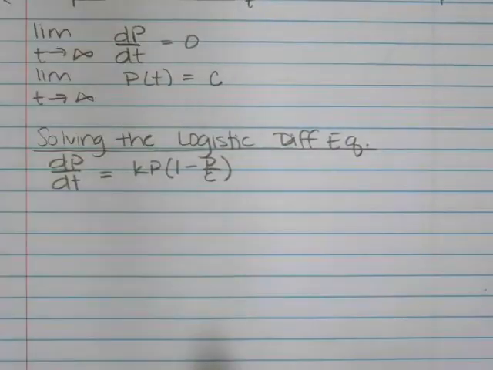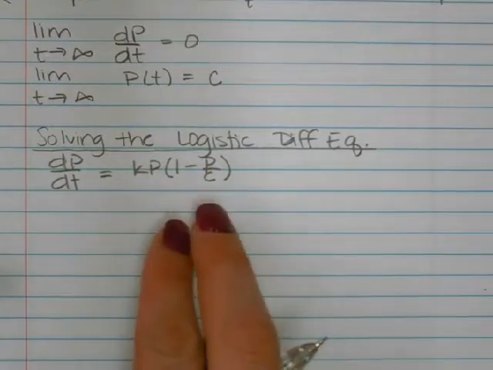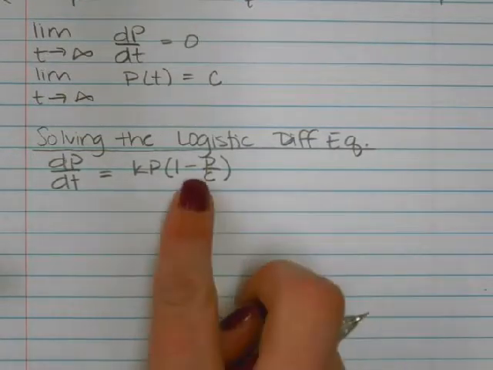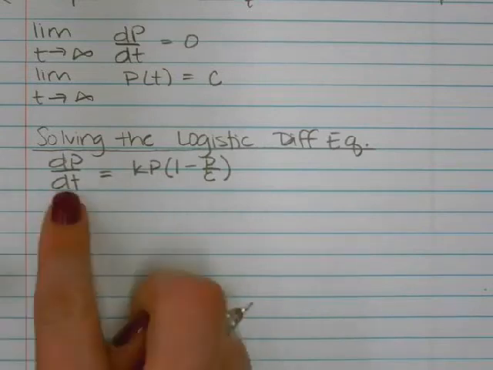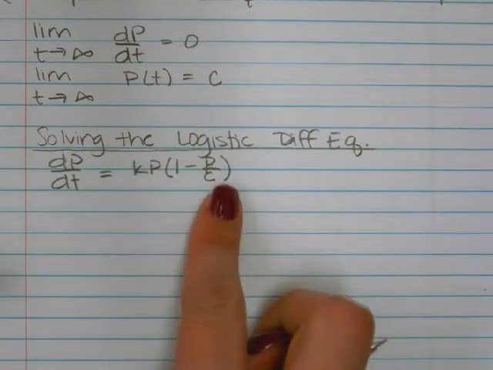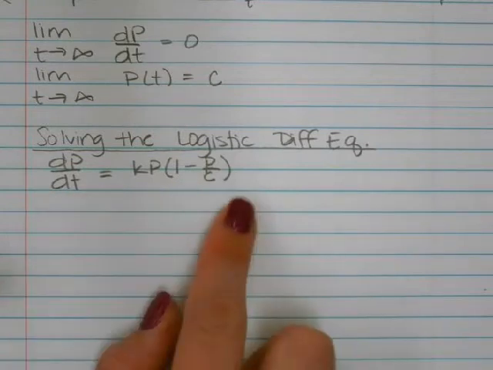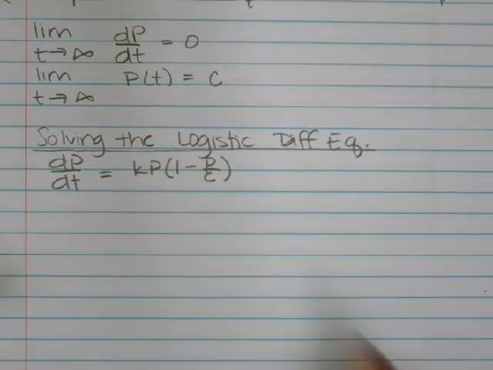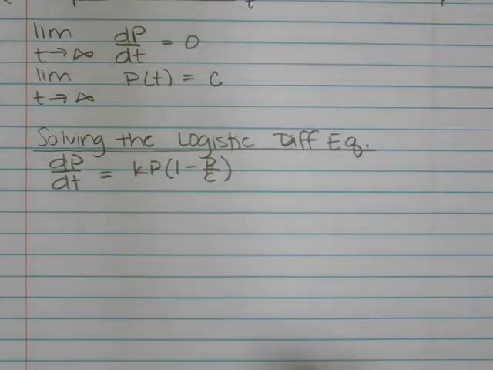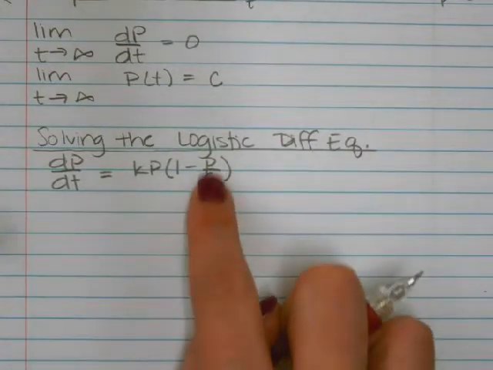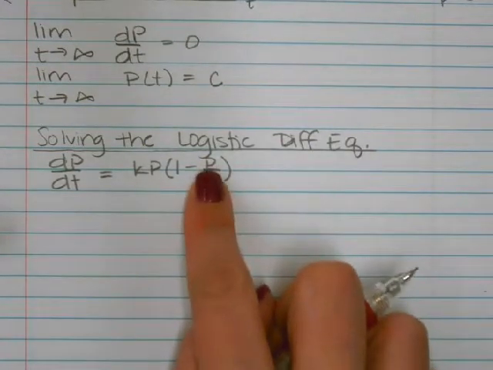When we solve logistic differential equations, the first thing we want to do is separate the variables. I want to get all of the P's over here, and all of the t's over here. There's no t in the problem, as you can see, so we're just going to leave some coefficients over here. This problem is going to be easier if we do not have this part as a fraction.